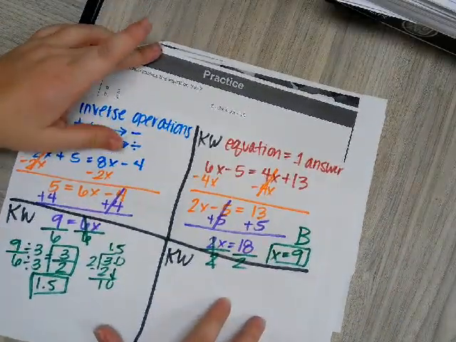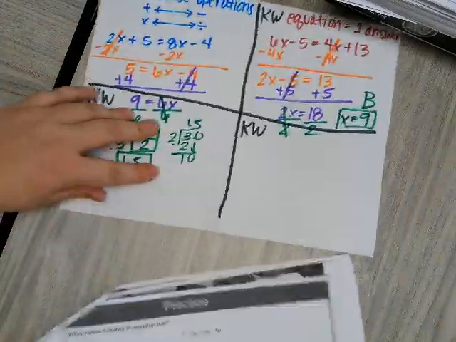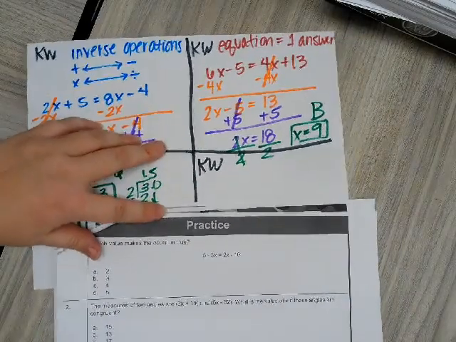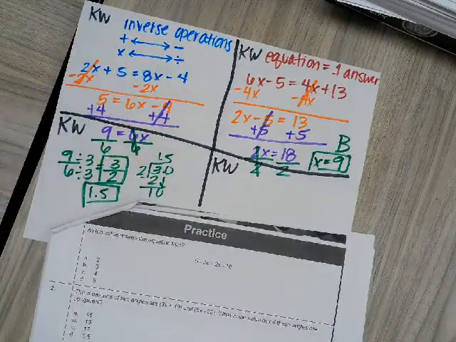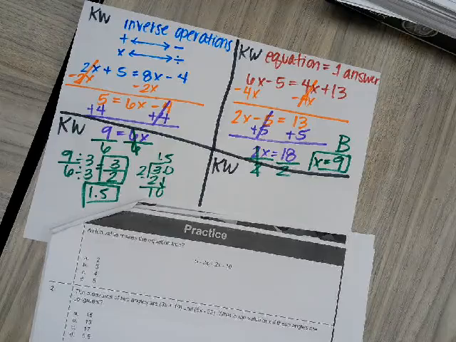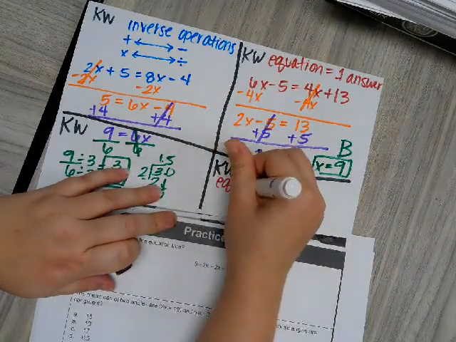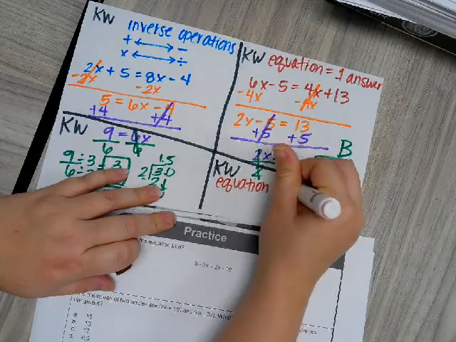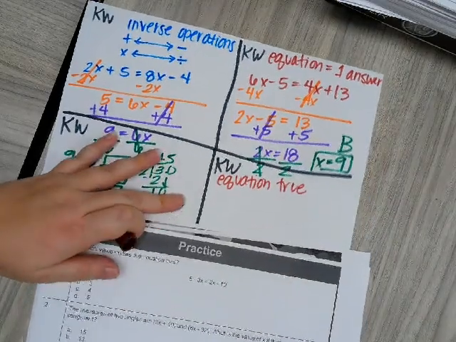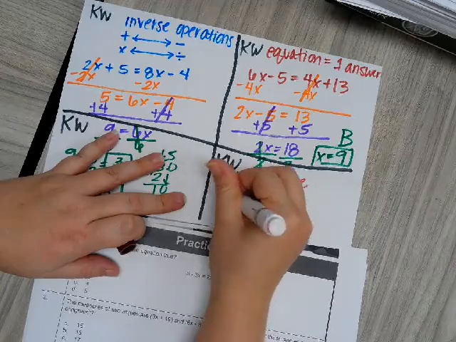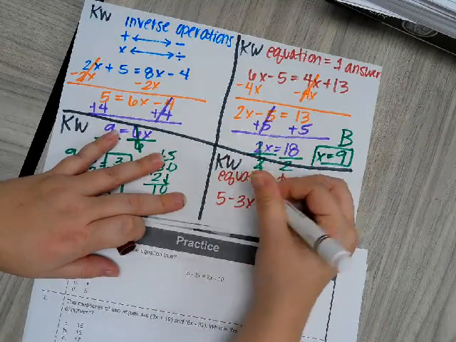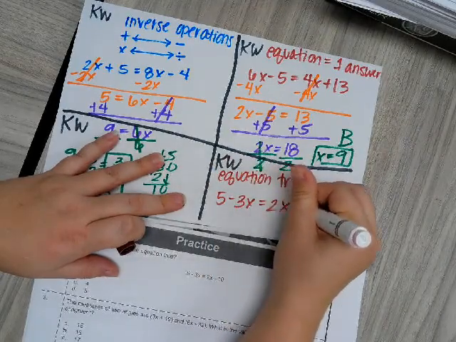Okay, let's do another one. Put that here so we can see it. All right, which value makes the equation true? Again, they're talking about equations, so we know that it's going to have one answer. So my problem is 5 minus 3x equals 2x minus 10.